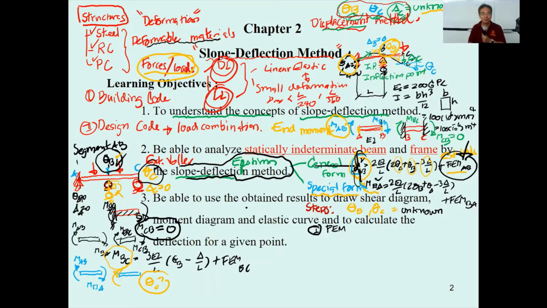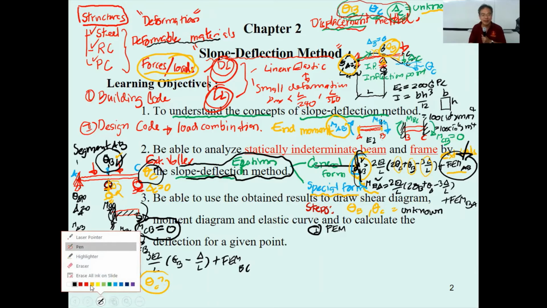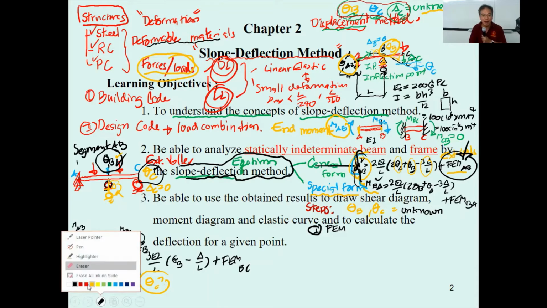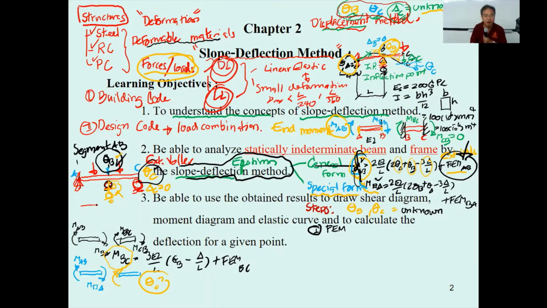Okay, so based upon this, let me erase this area a little bit, and then let me draw the influence line. Okay, for this one, I will start by considering this portion.